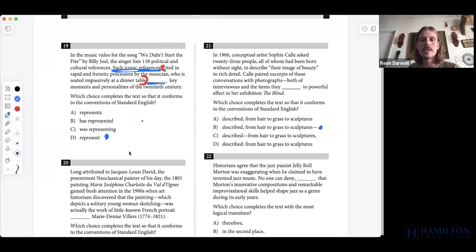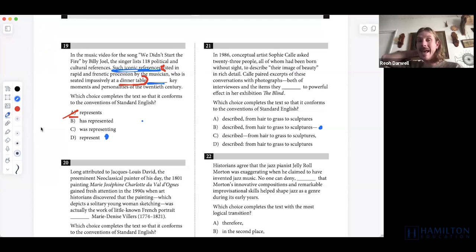So if you're missing this question, you're probably choosing something like A, because you're seeing who is seated impassively at a dinner table, which is one person, Billy Joel.